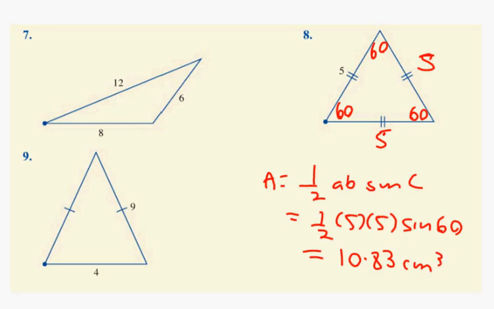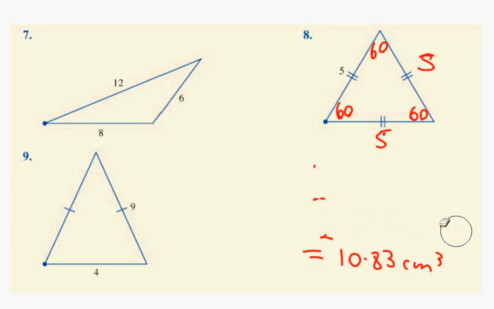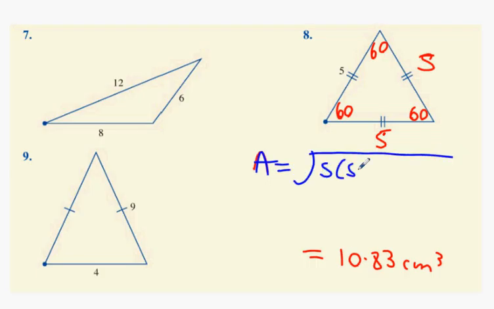Okay, so I'm just going to get rid of this for a second. Keep that 10.83 where it is, because I reckon that's going to be my answer. Now, there's another way of doing stuff like this. Area equals the square root of S times S minus A, S minus B, S minus C. Everybody happy with that?